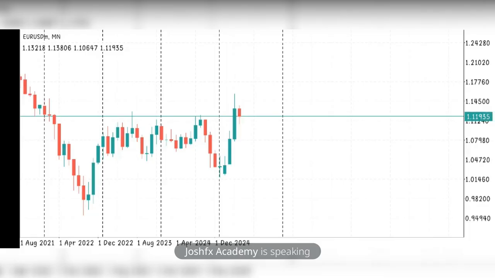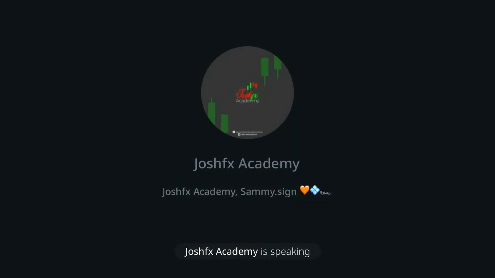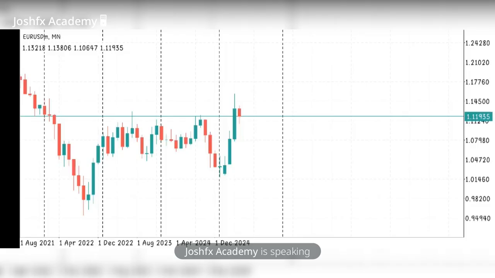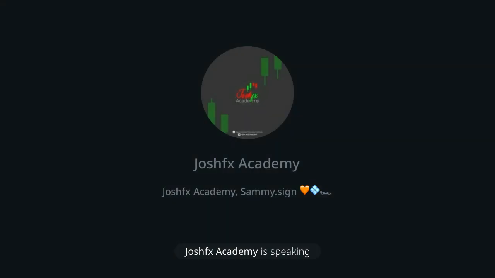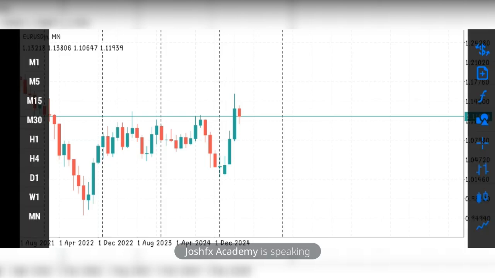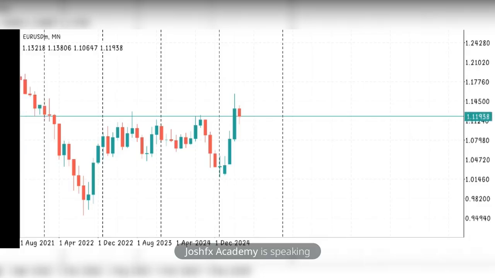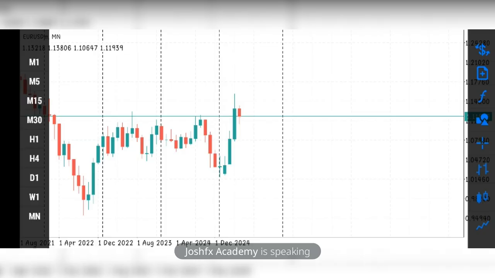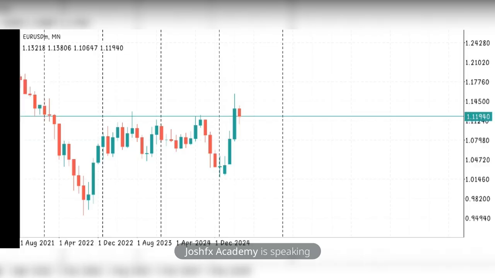Internal range liquidity are the order blocks, fair value gap, inverse fair value gap, breaker block. While the external liquidity are the previous highs and lows. Just those two, the previous highs and lows.